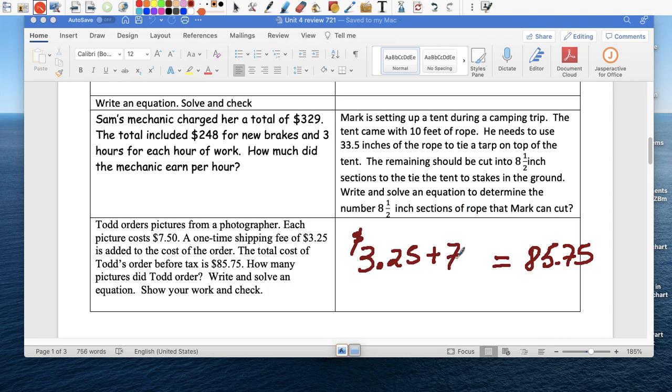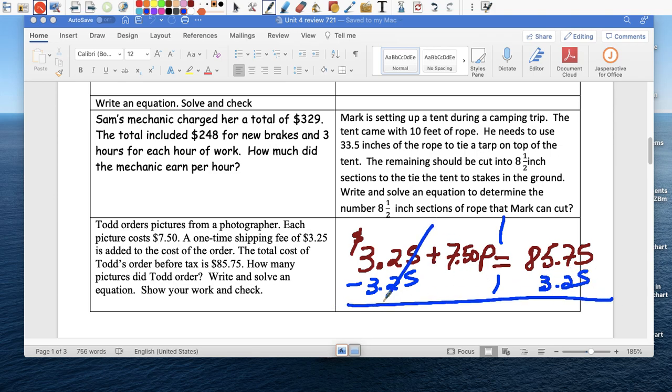So it was $7.50 per picture, right? So to solve this and find the number of pictures, we're going to do minus $3.25. So let's remove the cost of the shipping from $85.75. So that goes away. $7.50p comes down.